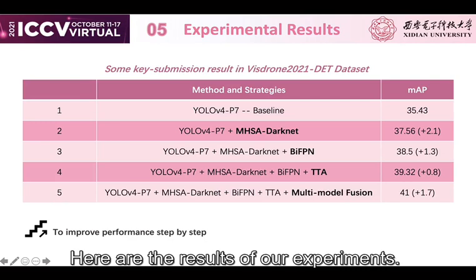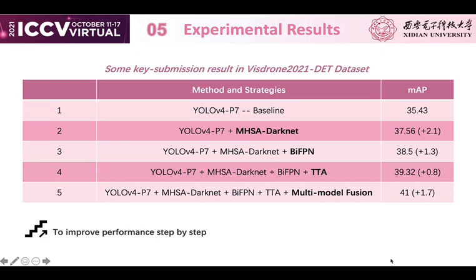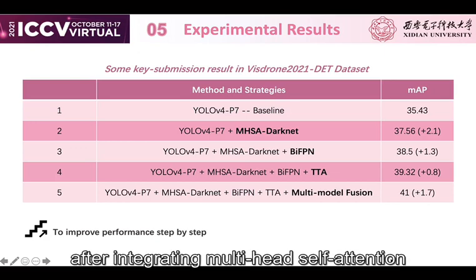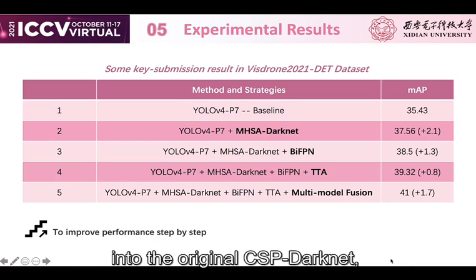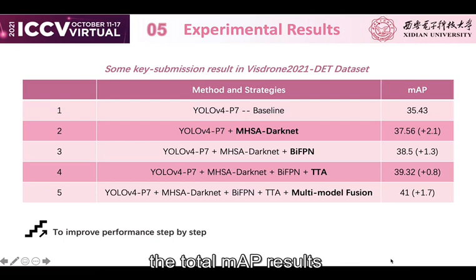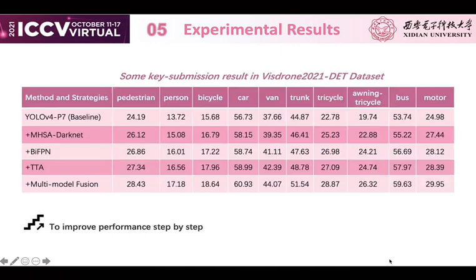Here are the results of our experiments. As you can see, after integrating multi-head self-attention into the original CSPDarknet, the total mAP results are significantly boosted from 35.43 to 37.56.